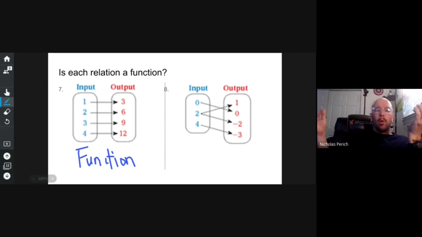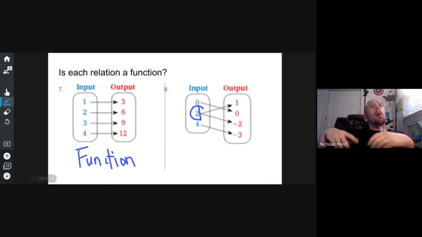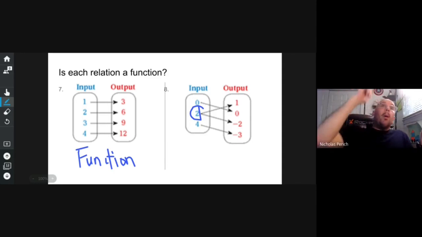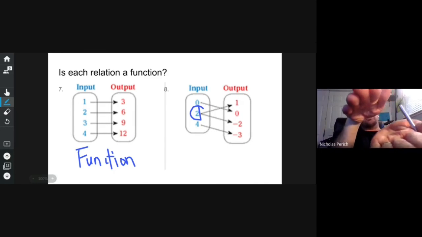This is where it gets weird. I have a dart labeled 2. I throw the dart behind me. A wizard comes up and hits the dart and says, I bless you with the ability to split in half. Pew! And he takes his wizard wand, and my dart splits in half and hits two different targets.